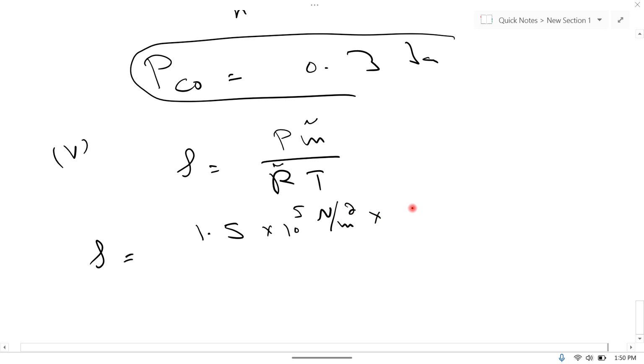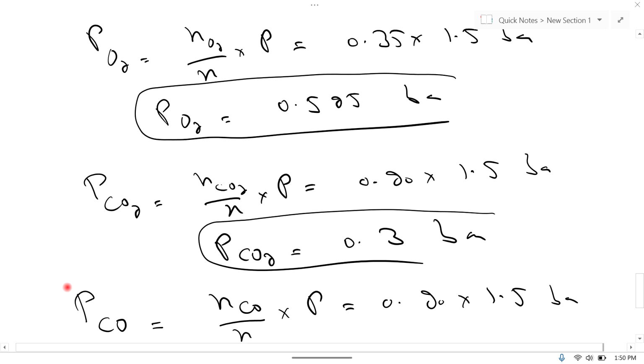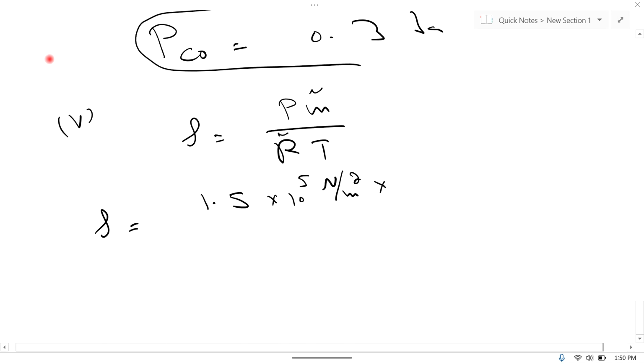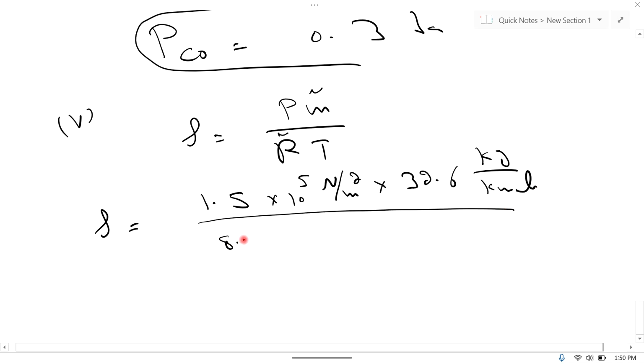Molar mass is 32.6 kilogram per kilomole, R dash is the constant 8.3144 kilojoule per kilomole per Kelvin, where joule is Newton meter, and T is 288 Kelvin, which is given.